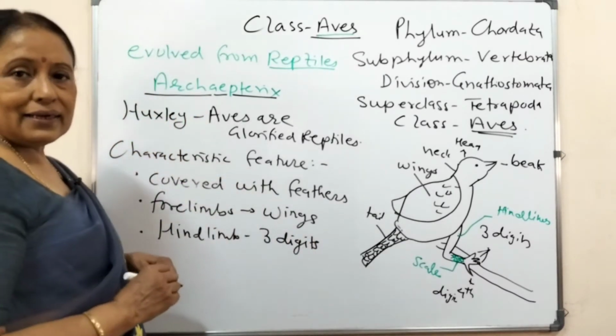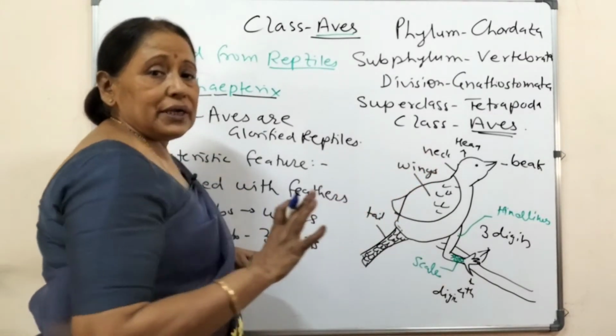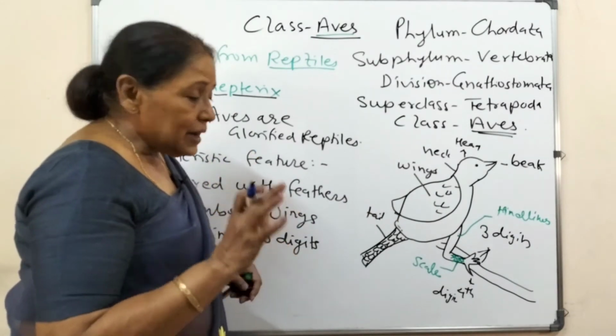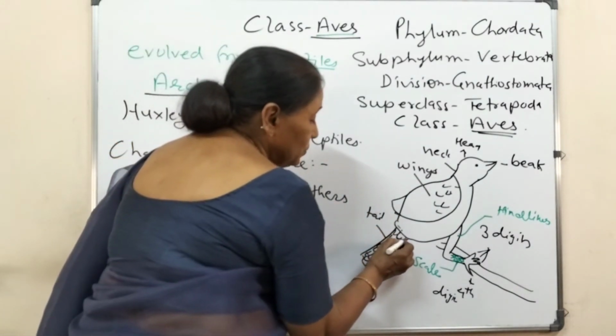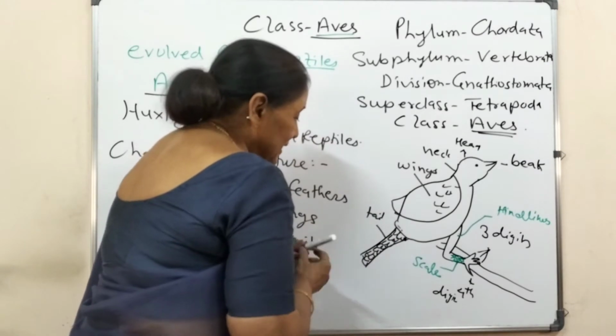What about oil glands? All over the body they do not have any oil gland, and the oil gland is present only at the base of the tail.